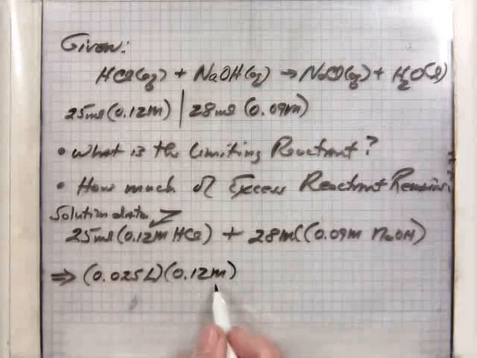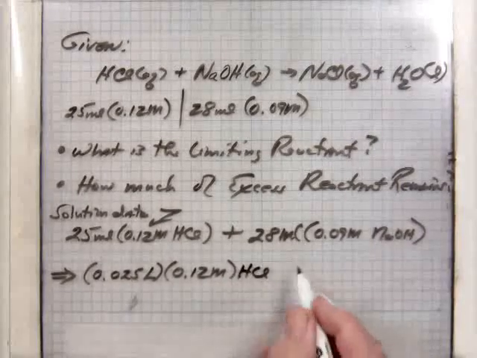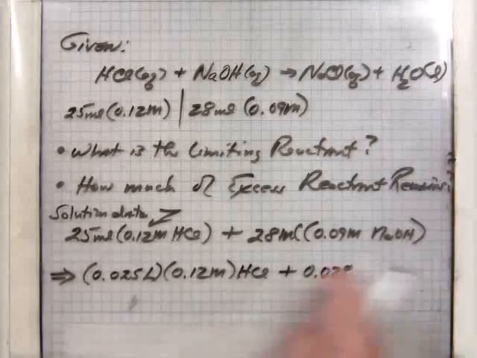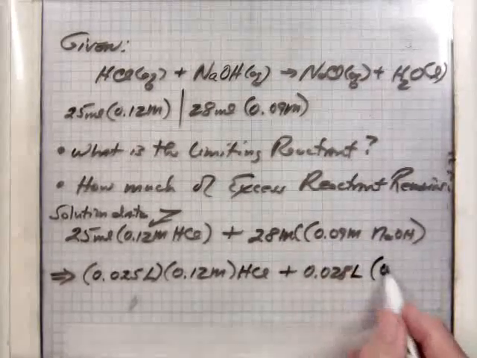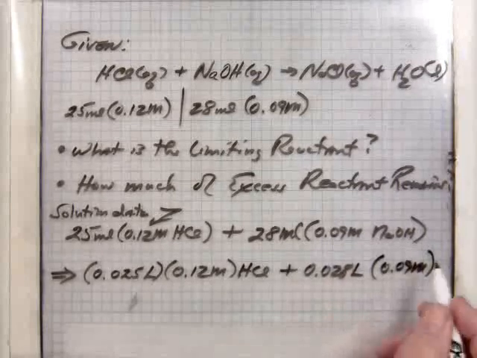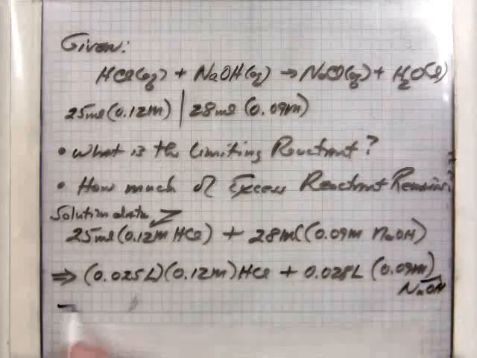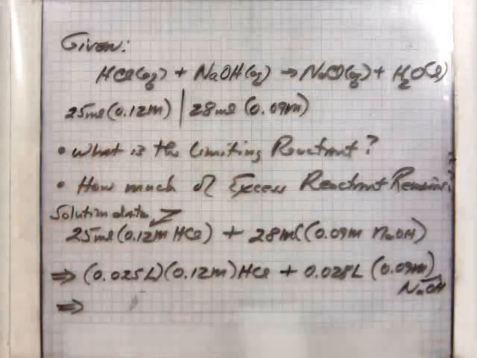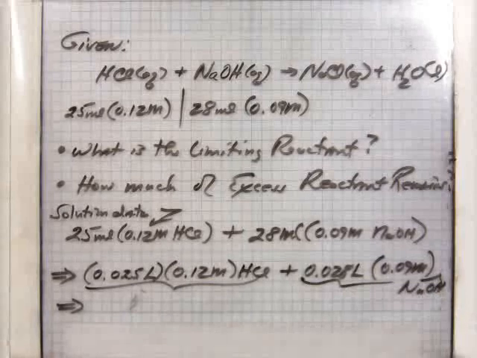That's moles per liter, so liters will cancel out and you're left with moles of HCl, plus 0.028 liters times 0.09 molar of sodium hydroxide. When I multiply those together, I will have the data given in moles, and then I can relate it to the equation here.